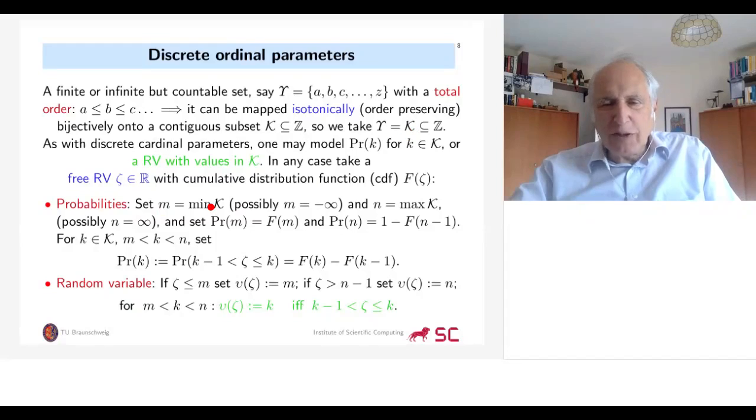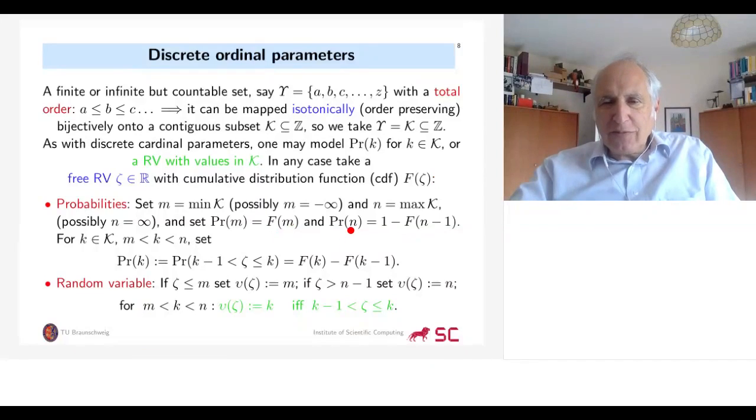If K has no minimum, then this is minus infinity. Okay, it could be minus infinity. And n is the maximum of this here. If there is no maximum, then n is plus infinity. Okay. Now we set the probability of m. We take the value of the distribution function here at m.